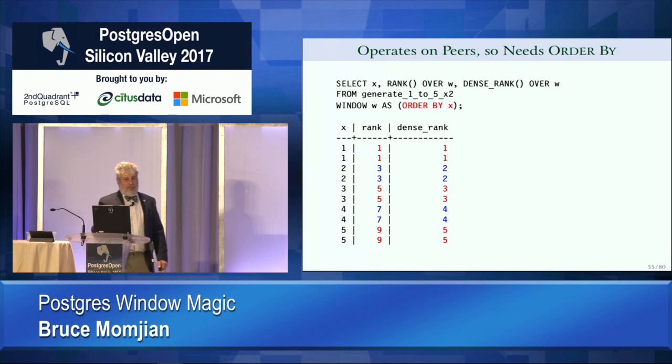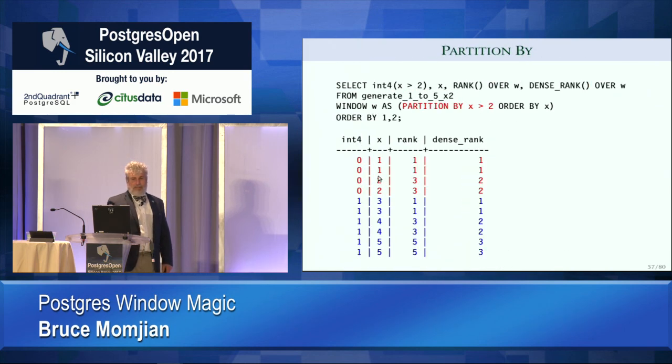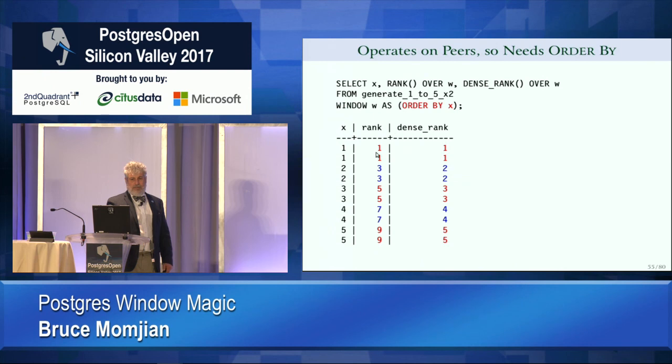Okay. So effectively, what happens in this example on column 2 is you have two first place finishers because they are peers. And then this person is third because there are two first places. And then there's two thirds, so the next one is 5th.